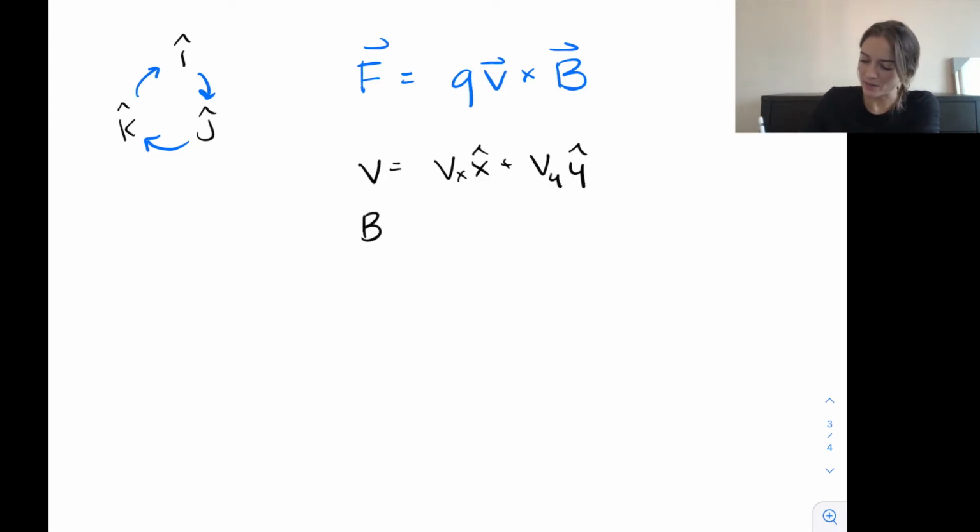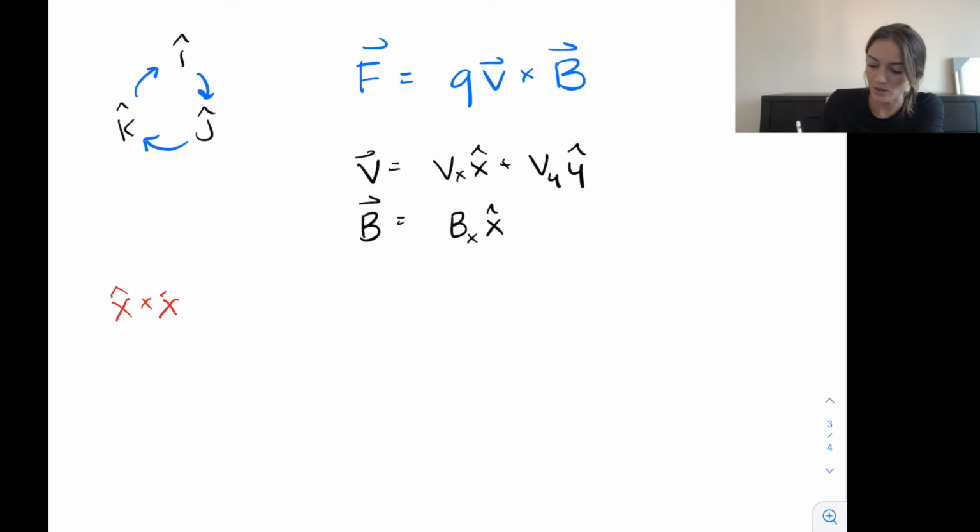And our magnetic field was, let's say, just in the x hat. So when I go to take the cross product of these two, I immediately know that the x component of my velocity is not going to contribute to the magnetic force because it's in the same direction as the magnetic field. So remember, two vectors that are parallel have a cross product of 0.